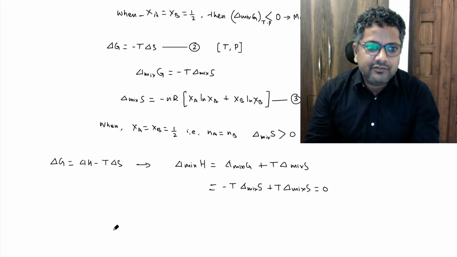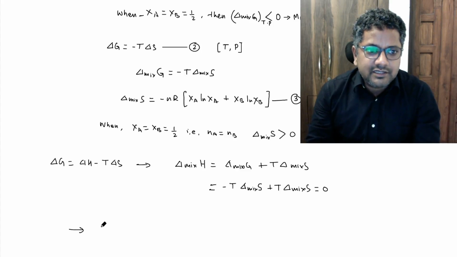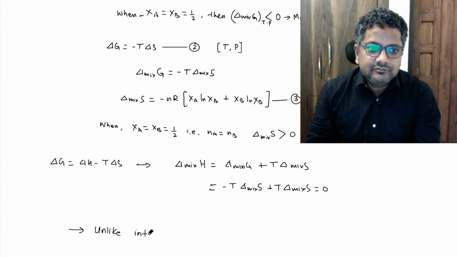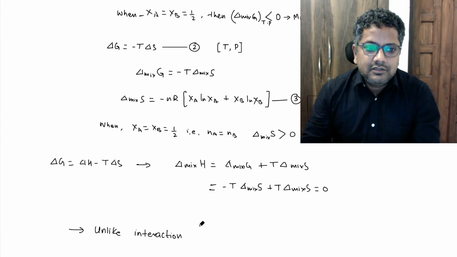This is possible only when there is no interaction between A and B, or you can say unlike interaction, meaning interaction between A and B should be equal to interaction between A and A and B and B.